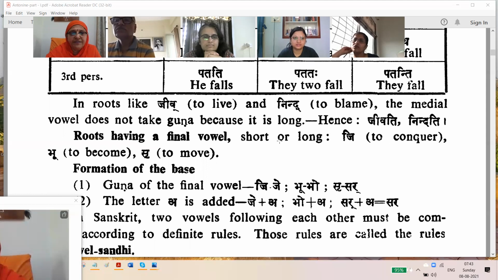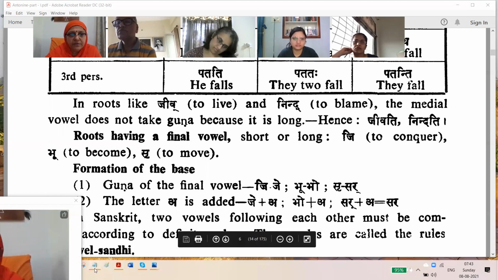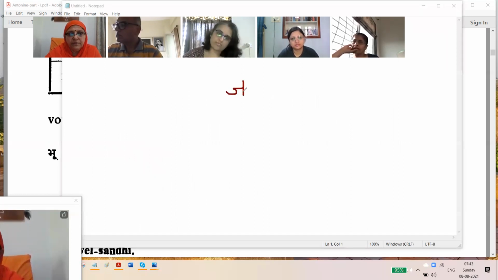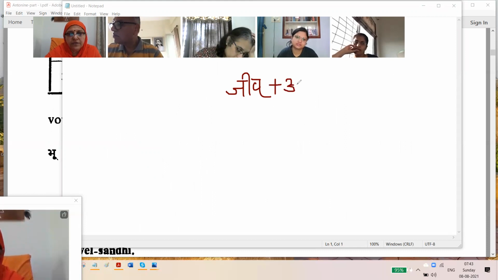Suppose they have given Jiva, which means to live. Simple. This A is called Gana Vikarana.